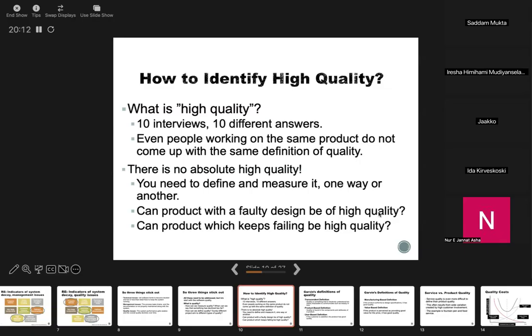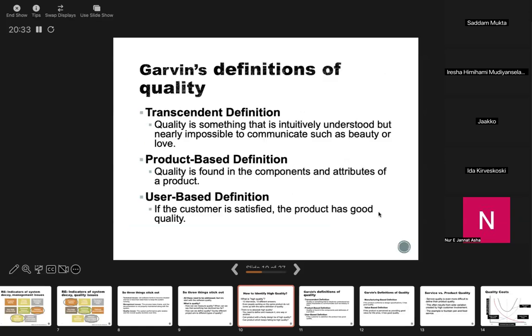Quality has no bar and no limit. It is limitless, and that's why we say the sky is the limit in terms of quality. But we need to follow standard practices to achieve quality in the software industry.